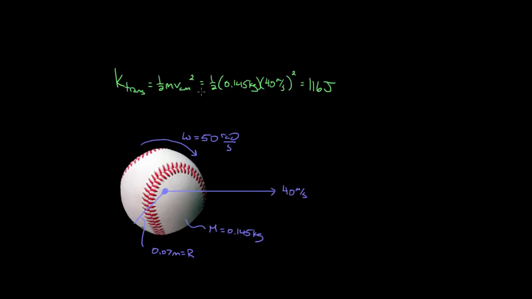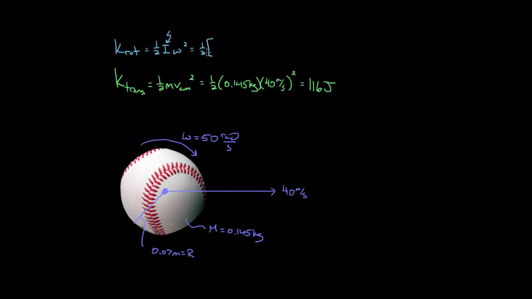But how much rotational kinetic energy is there? We're going to have rotational kinetic energy due to the fact that the baseball is also rotating. How much? Well, we're going to use 1/2 I omega squared. So I'm going to have 1/2. What's the I? Well, the baseball is a sphere. If you look up the moment of inertia of a sphere, because I don't want to have to do a summation of all the mr squareds, if you do that using calculus, you get this formula.